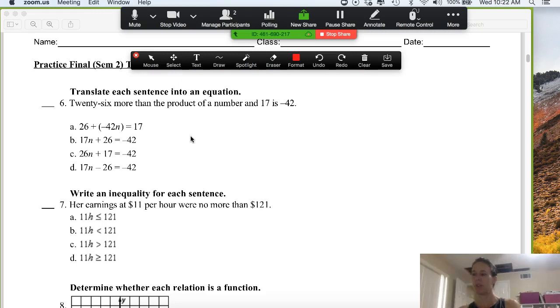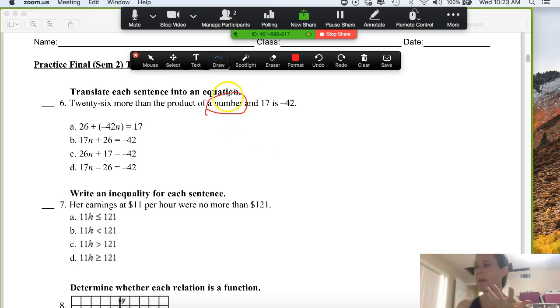What do you want to use for your number? You don't know what the number is. Yeah, we don't. So what do you want to use for that number? You could use 17, 20, 42, negative 42. That should be a clue.